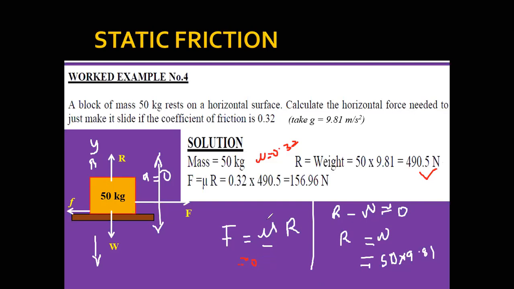So mu is 0.32, and R is 490.5. When you multiply, you should get 156.96 newtons.